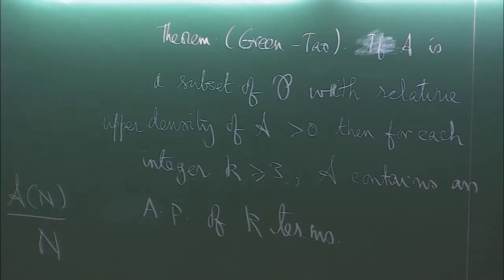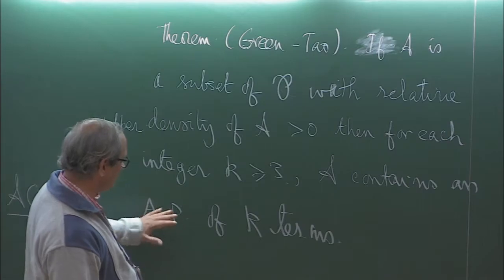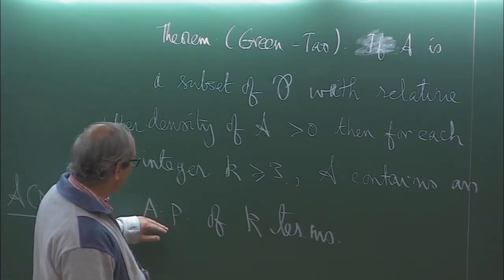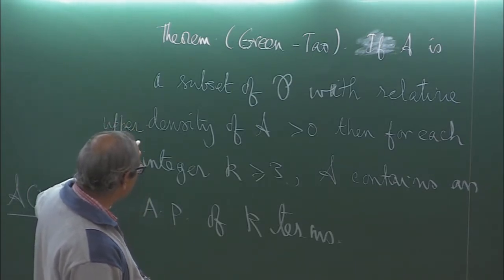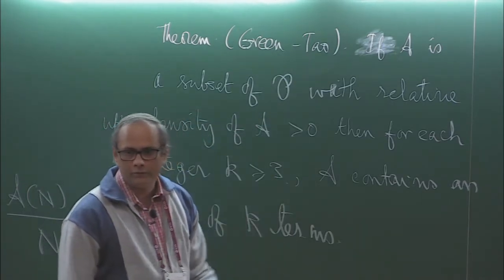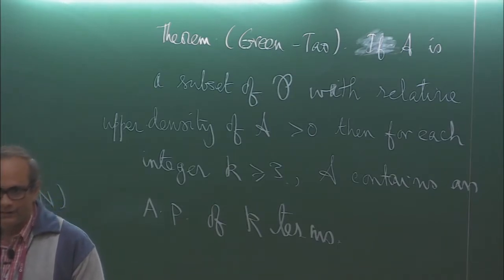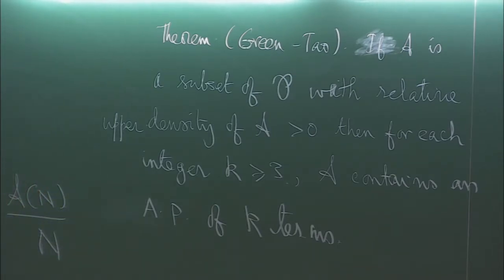Okay, this is a remarkable theorem. Of course, it was sought after for a long time. It's a remarkable result, mainly because it's a hard theorem to prove. Plus, this is one of those things that talks about additive properties of multiplicative subsets. And typically, when one mixes addition and multiplication, one gets hard problems.